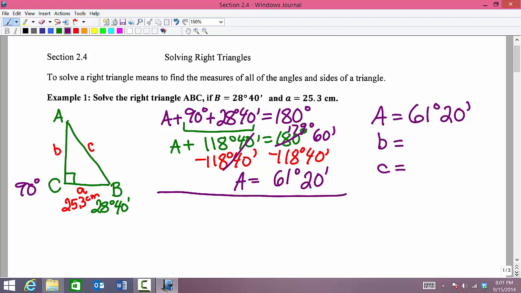Now what about sides B and C? Well, in order for us to use the Pythagorean theorem, we have to know two sides, but we only know the length of one. So here we're going to have to solve what we call a trig equation.